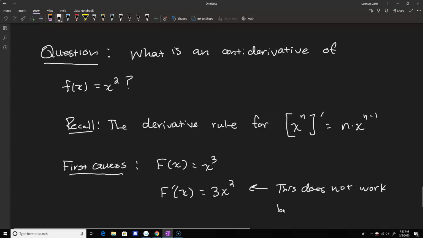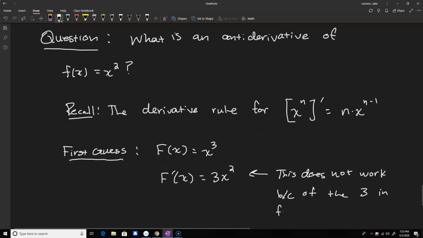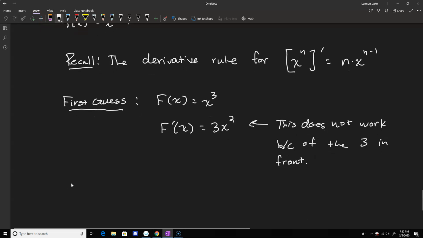Because of the 3 in front, we just have to adjust for that. We'll learn the rules for this and we won't have to guess every time, but it's good to try and think of it on your own.